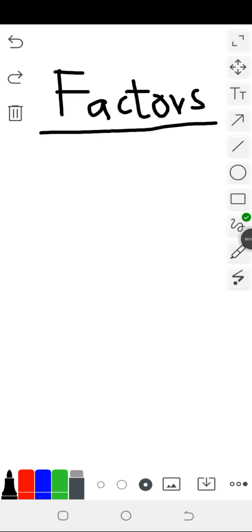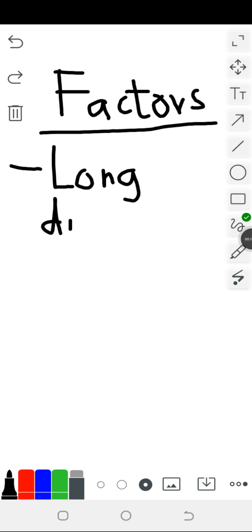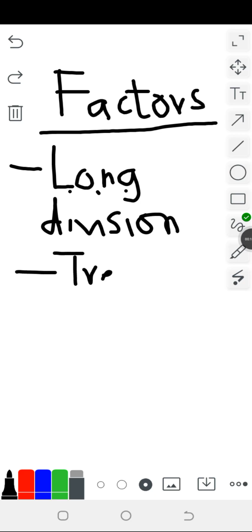Now, there are two ways in which you can obtain the prime factors of a number. The first is what we call the long division method. And the second is what we call the tree method.